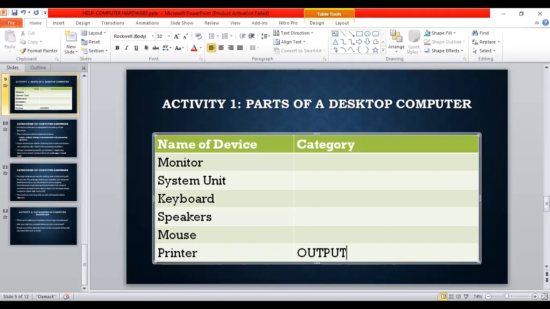Ruth Nakimuli. Teacher, the monitor is an output device because it's used for displaying information. Thank you. Renita?